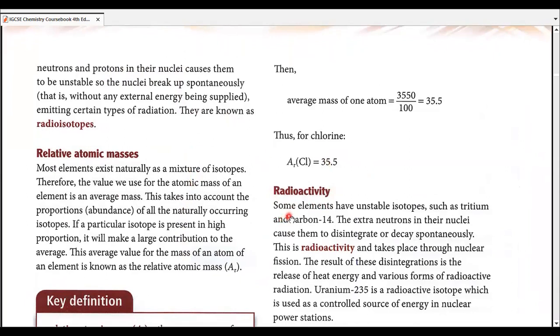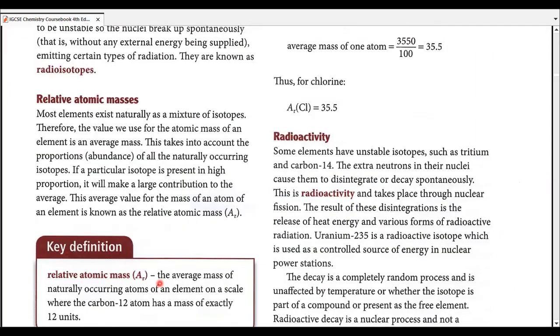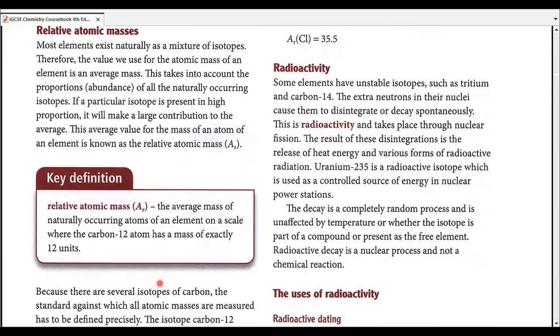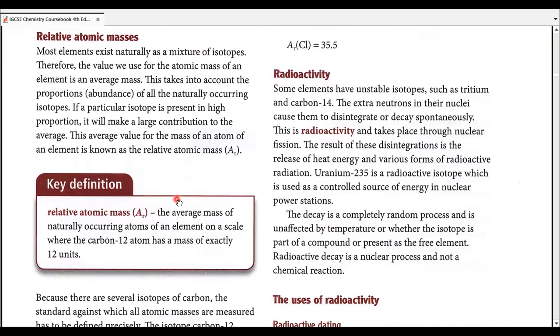Before we get to radioactivity, we have a small topic in between, that is relative atomic masses. Again, the term relative means we are going to compare the masses of different atoms with the atom that we have already put as a standard.